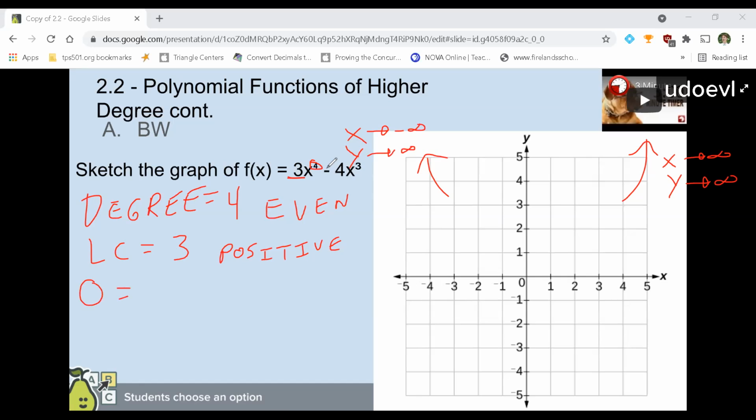If I set this function equal to 0, how would I solve this for x? Doesn't really help us get x by itself. Maybe if there's two terms, right?